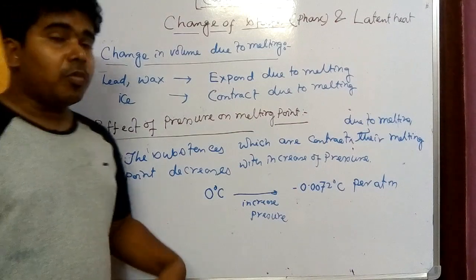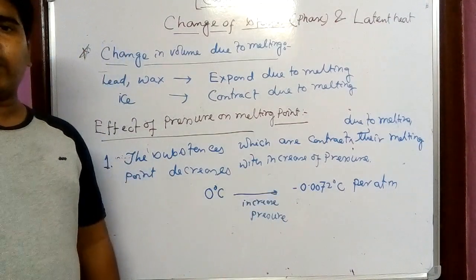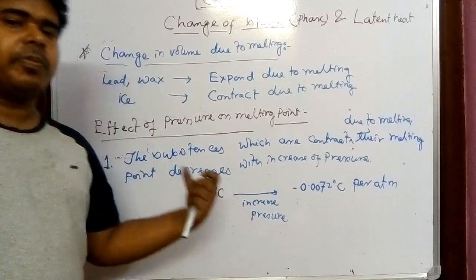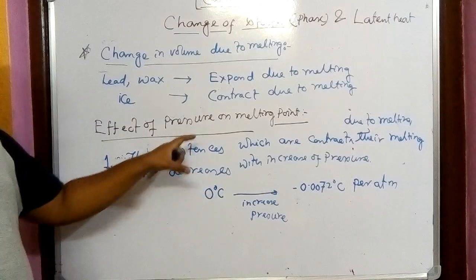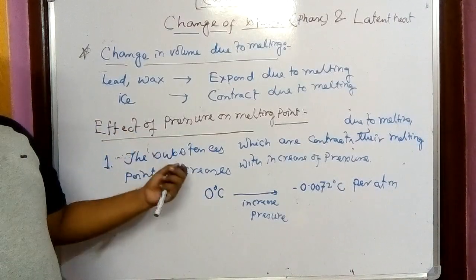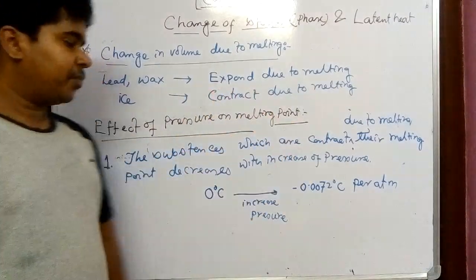So if you increase more pressure, it will decrease more. If you increase pressure on ice, its melting point will be decreased because its volume decreases, or it contracts, due to melting.